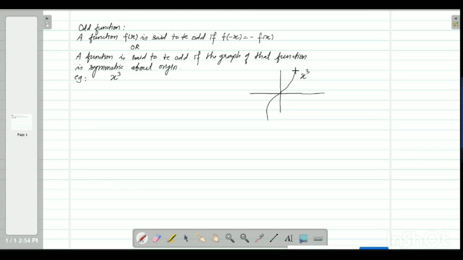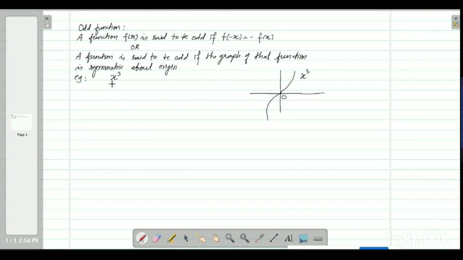From here to the origin and from the origin to here, the length is the same. So this graph passes through the origin and is symmetric about the origin, so this function is known to be an odd function.